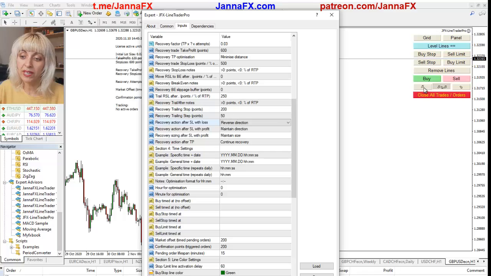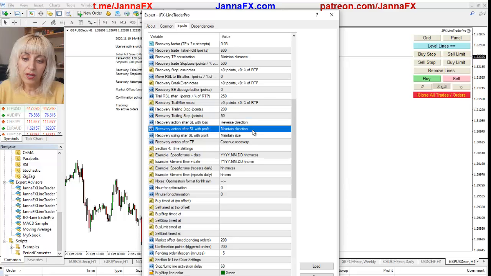Then you can press one of these buttons and it will change the direction. So this is what you can do automatically, and this is what you can do manually. That's what these buttons are for. The one in the middle will continue exactly how it was in your settings, buy and sell, and this one will only buy and this one will only sell if you change them. So those are the new nice features.